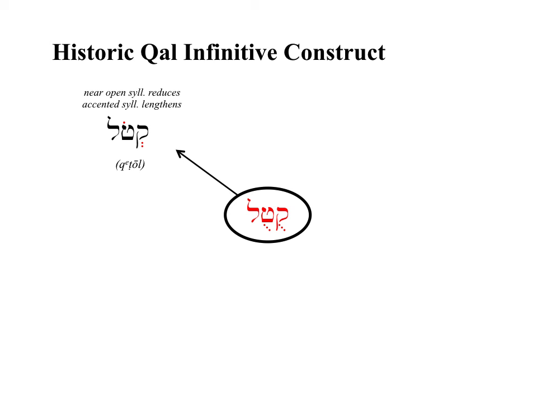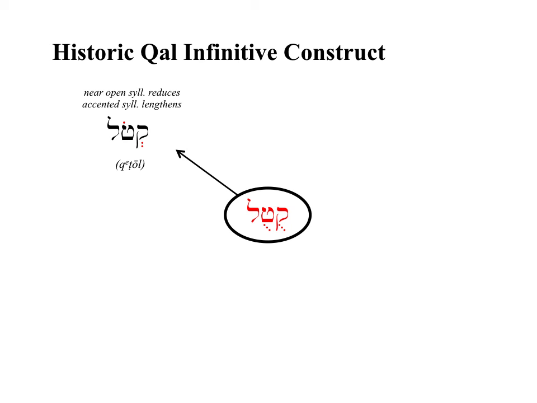When the infinitive construct appears all by itself, it's pronounced katol. It does so because it is acting in a manner consistent with the vowel rules that you learned before. We learned that closed unaccented syllables take short vowels. There are no short syllables in this particular form. We learned that near open syllables lengthen in nouns, but in verbs they reduce.